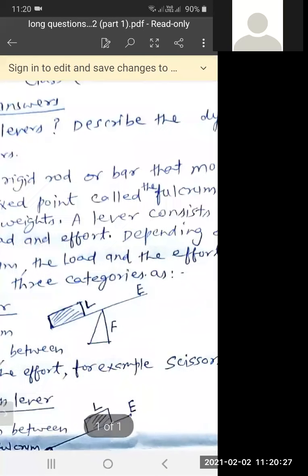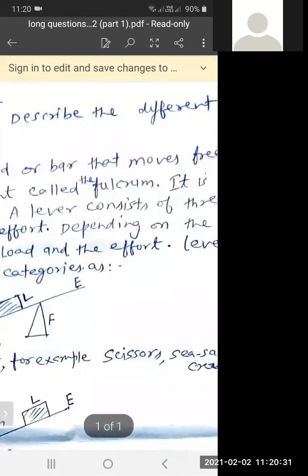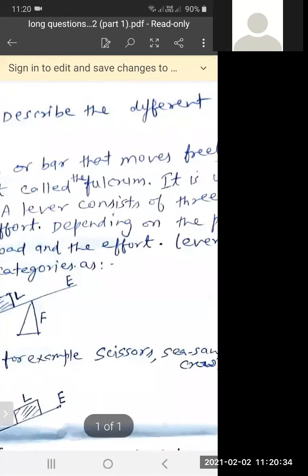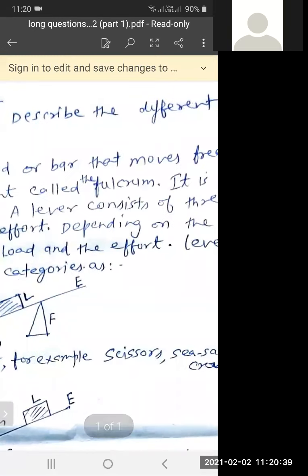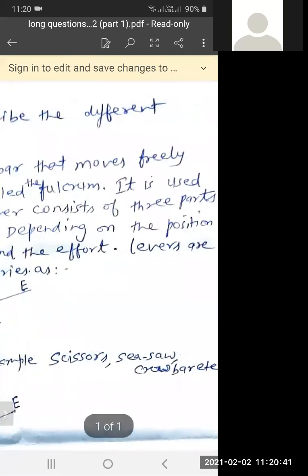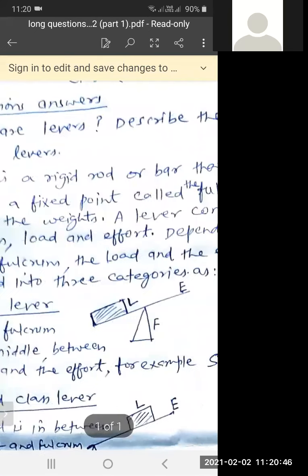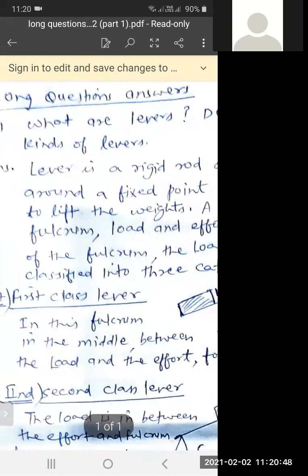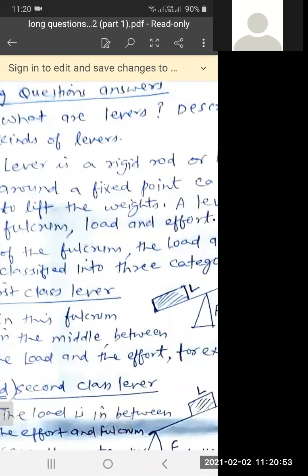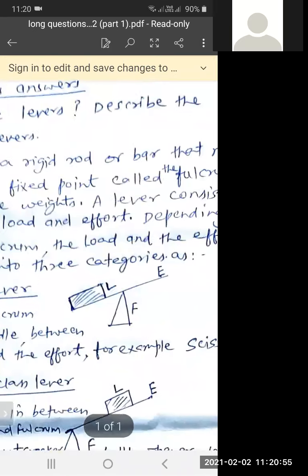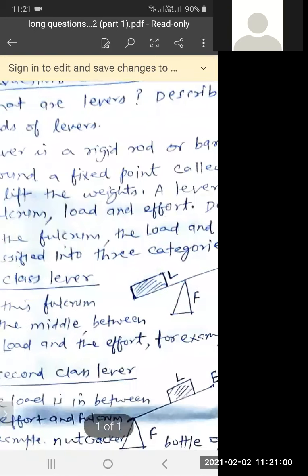A lever consists of three parts: fulcrum, load and effort.